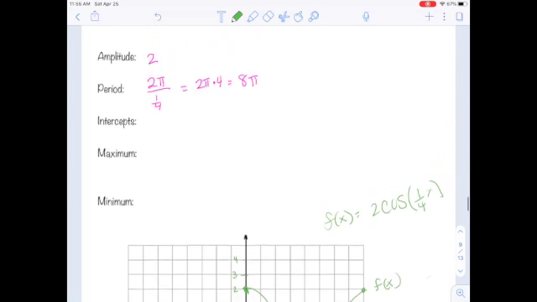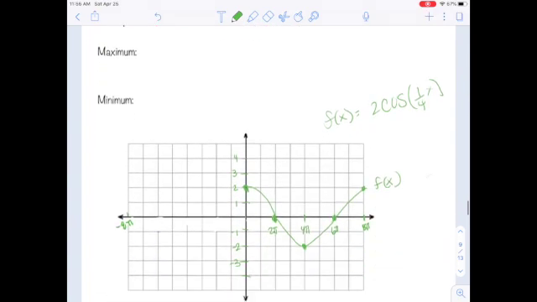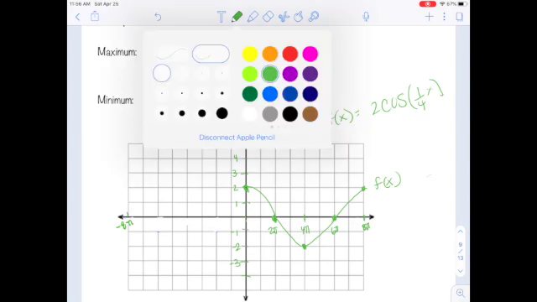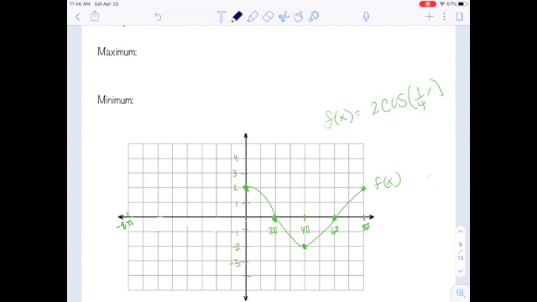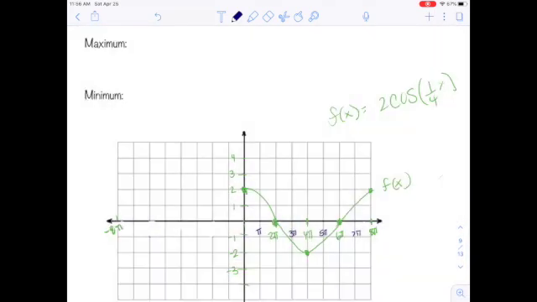And now we can pick this up and we're going to move it to the right pi. So we're actually phase shifting this, shifting it to the right. So everything goes to the right pi. So maybe I even want to label between: here's your 3 pi, 5 pi, 7 pi.